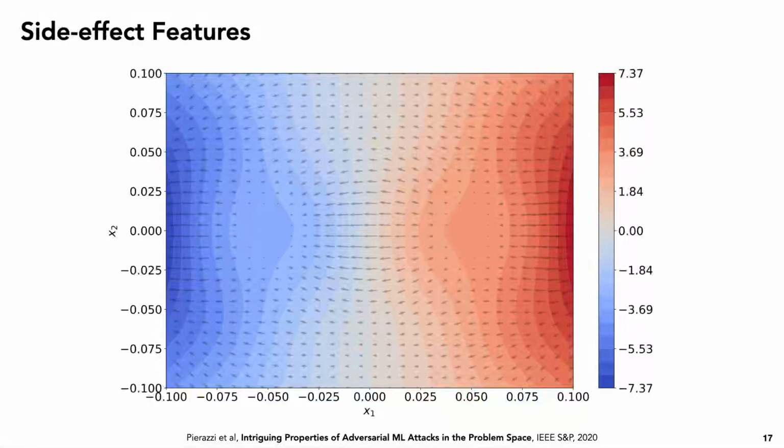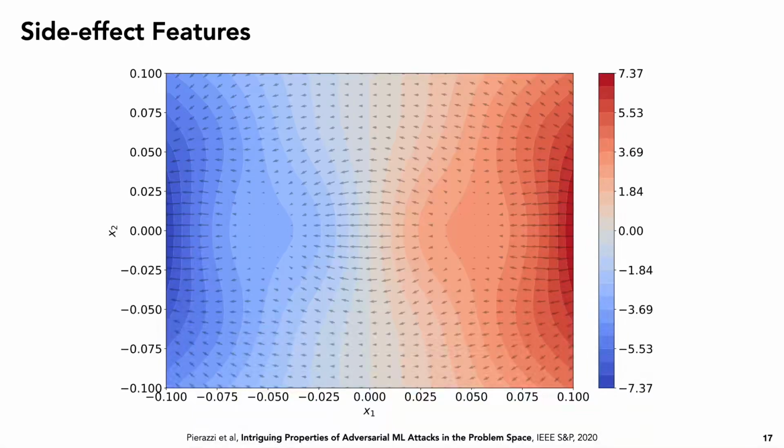So these were the four major types of problem space constraints we identify, and now we can reason a little more about the implications of this. So here's a toy example with two features, with the small arrow showing the direction of the gradient moving from the red area containing the points that are considered malicious to the blue area containing the points that are considered benign.